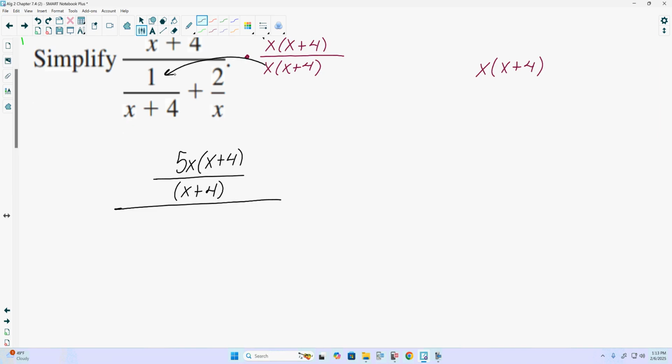Our x times x plus 4 is going to multiply with the 1, which is going to give us x times x plus 4 over x plus 4, plus. We're going to multiply the x times x plus 4 with 2, giving us 2x times x plus 4 over x.